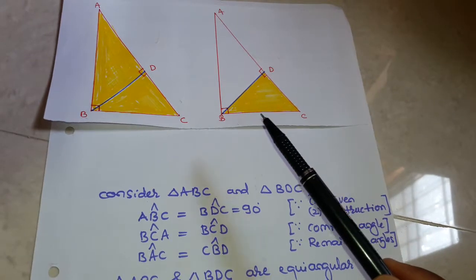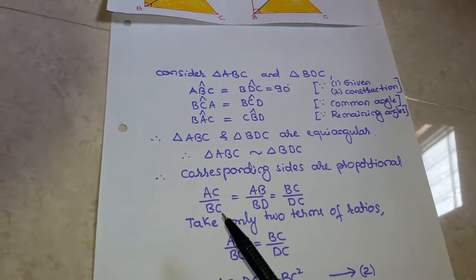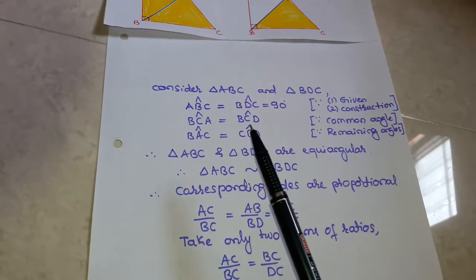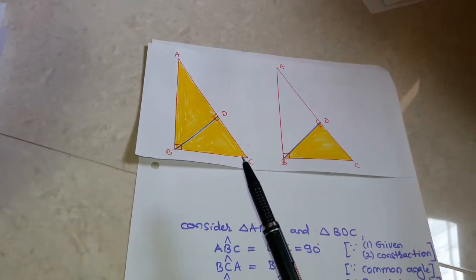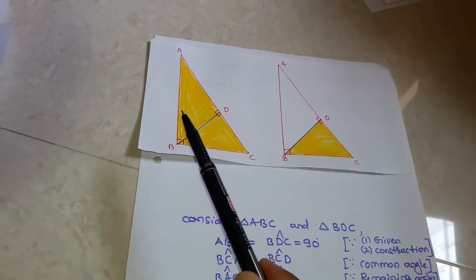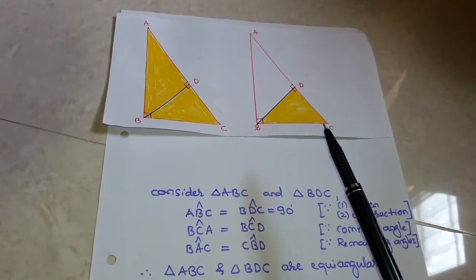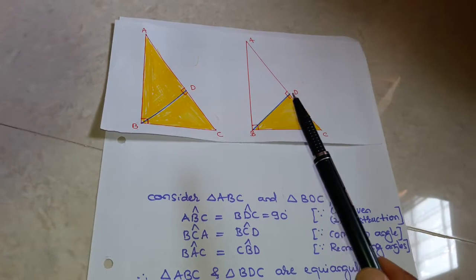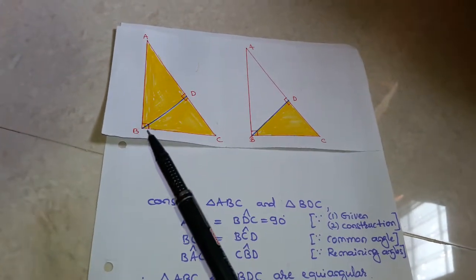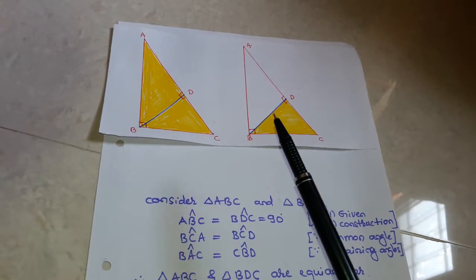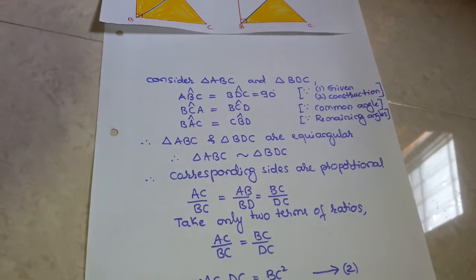Opposite of that is BC. So AC by BC, one pair. Let's make use of common angle C that comes in both triangles. Opposite of C here is AB, and opposite of angle C here is BD. So AB by BD, second pair.